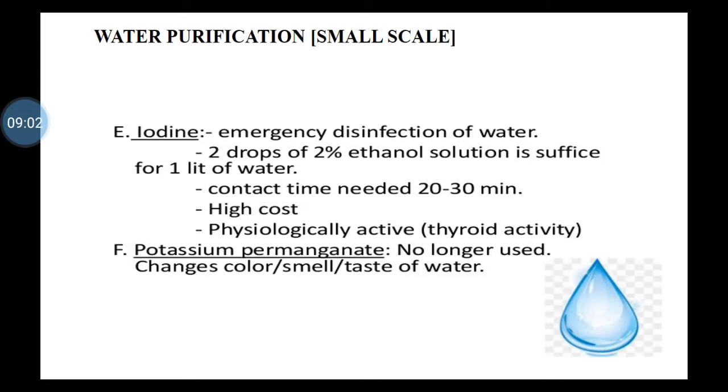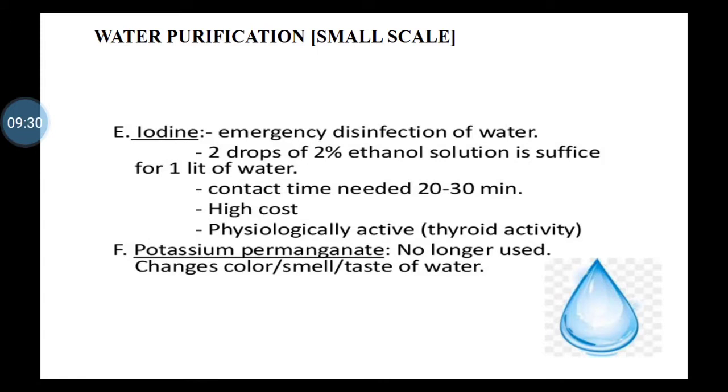And they can disinfect water within half an hour, isn't it? And 2 drops of 2% ethanol solution is sufficient for 1 liter of water, isn't it? So 20 to 30 minutes is the contact period. The only thing is high cost, isn't it?